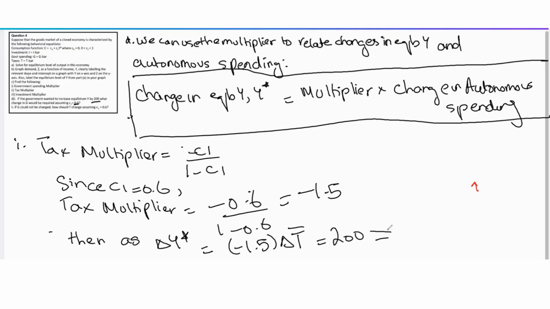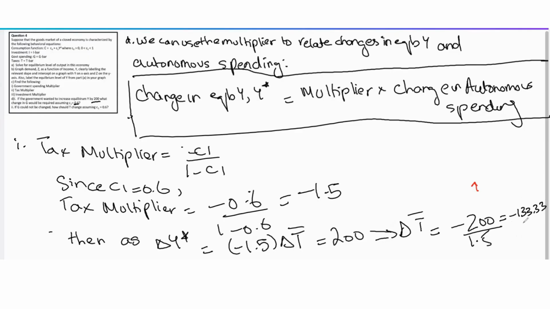Then from here, we can see that delta T bar is equal to minus 200 divided by 1.5, right? So this will turn out to be minus 133.33.